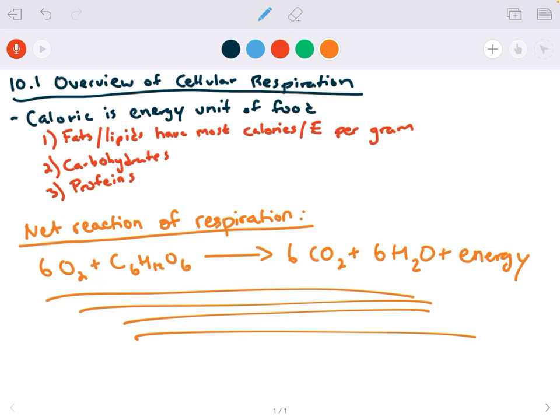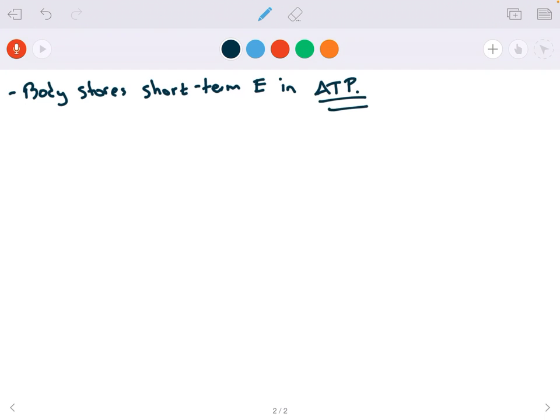Now, if you remember from the assignment you did introducing the photosynthesis chapter, the body stores short-term energy in the molecule ATP, adenosine triphosphate.